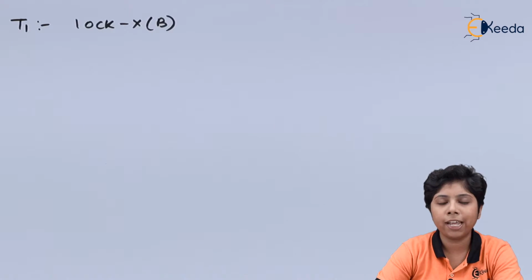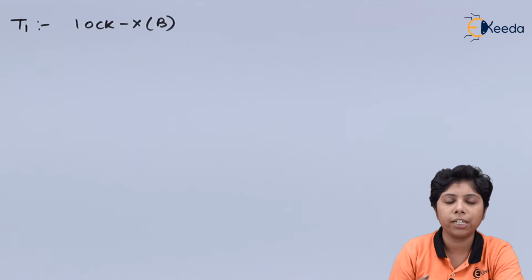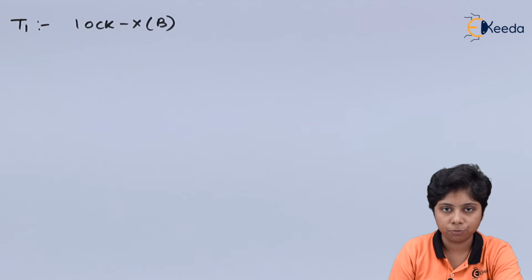First, transaction T1 takes an exclusive lock on data item B. Then we can read and write the data item.